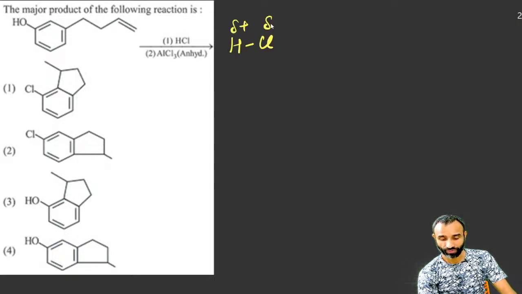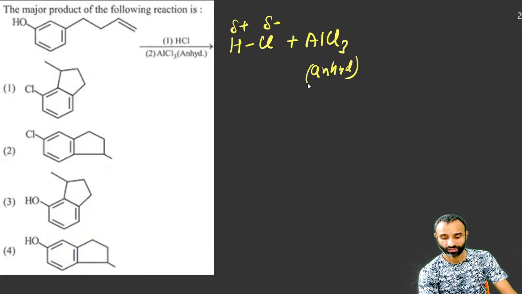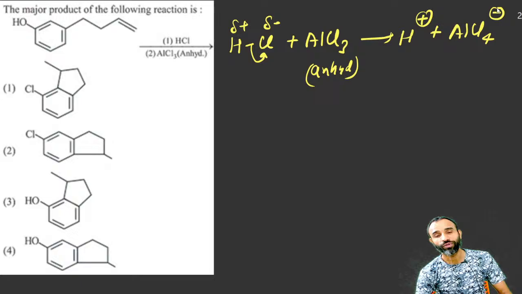See, we have H positive, Cl negative, anhydrous AlCl3. So ultimately we get H plus and AlCl4 negative.